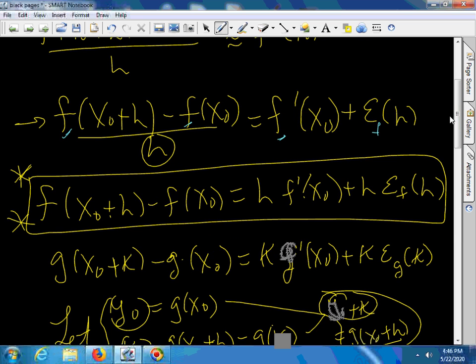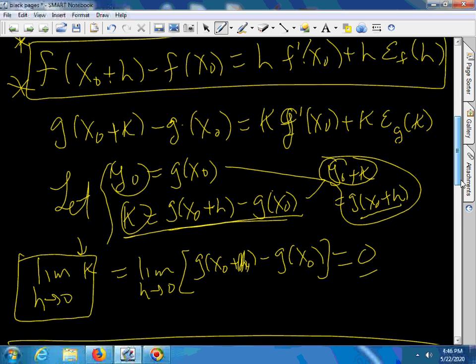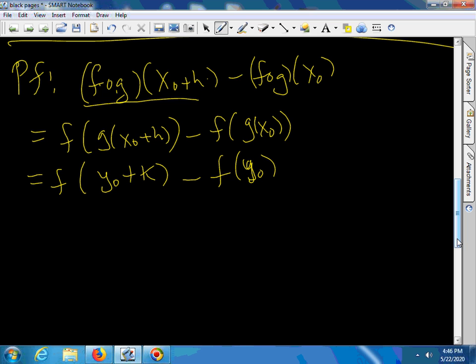This here is my favorite formula. This says that this is equal to f prime of y0 times k plus k times the error function, which is in terms of k, for the f function. Okay.